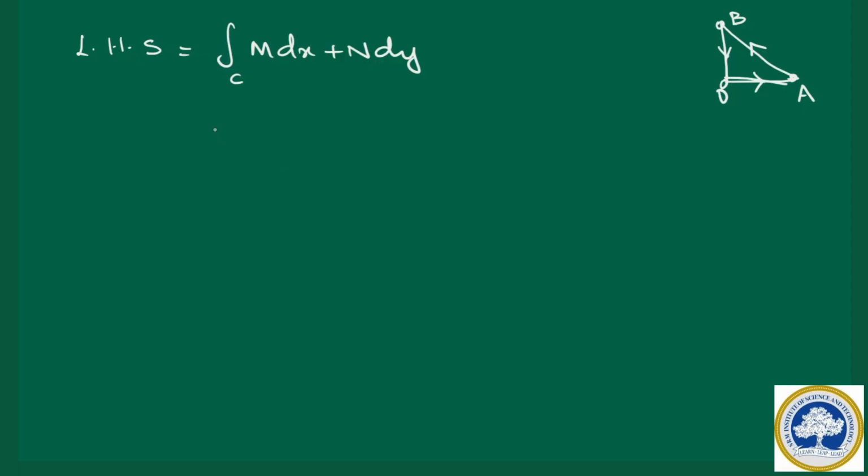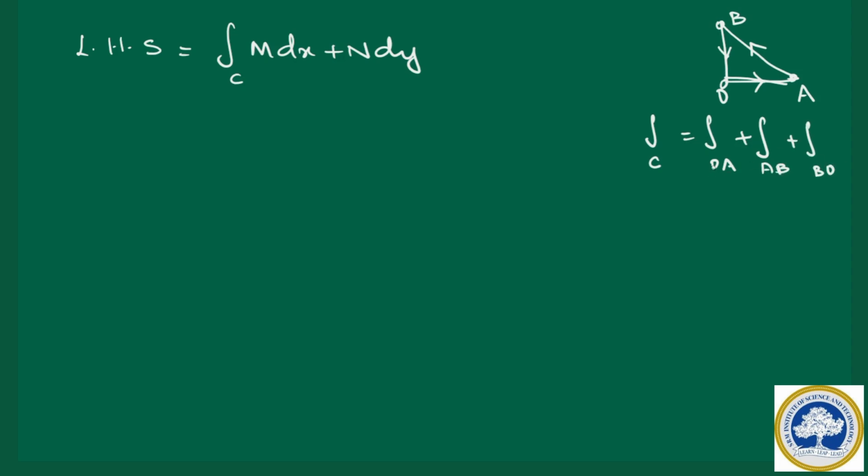Now to calculate the LHS part, LHS is the integral over C of m dx plus n dy. M and n can be taken from the question. So now how to evaluate the integral over C? If you look at the diagram, I told you that C is the combination of OA plus AB plus BO. So while finding the integral over C, we have to find the integral over OA plus the integral over AB plus the integral over BO.